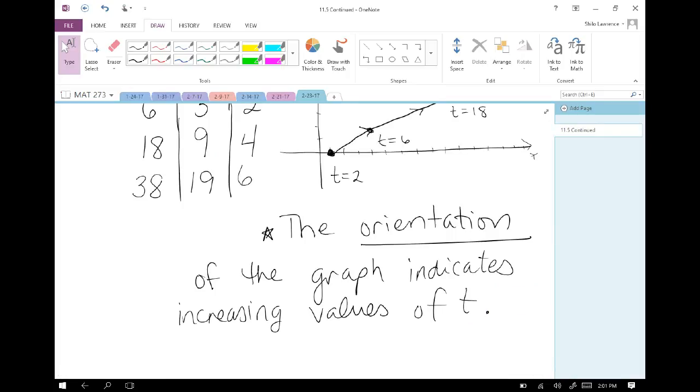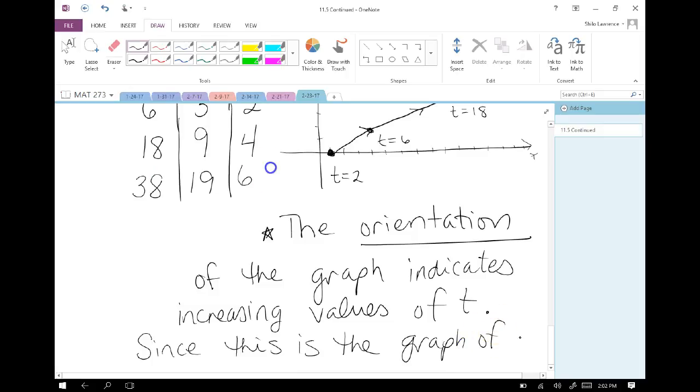Since technically this is a graph of a vector-valued function, direction is required. On this one, it's not that big of a deal because it has a fixed starting point. But if our domain was all real numbers and it can go forever in both directions, we wouldn't want an arrow at both ends. We would want arrows only pointing in one direction.